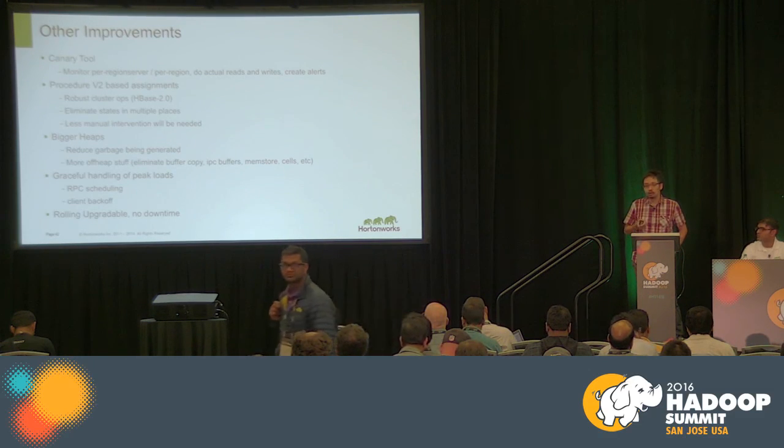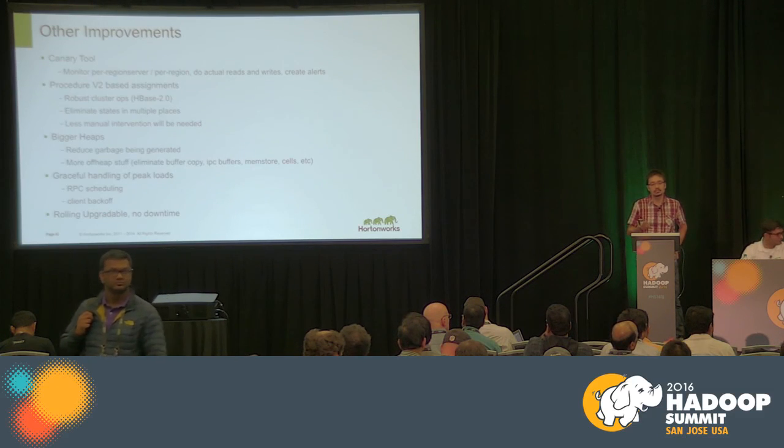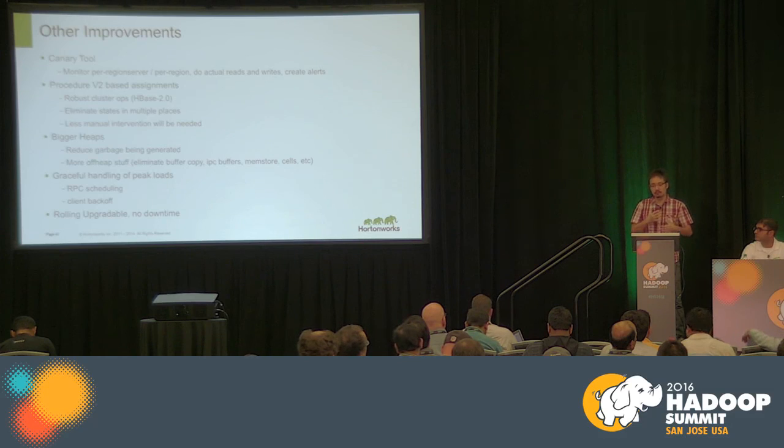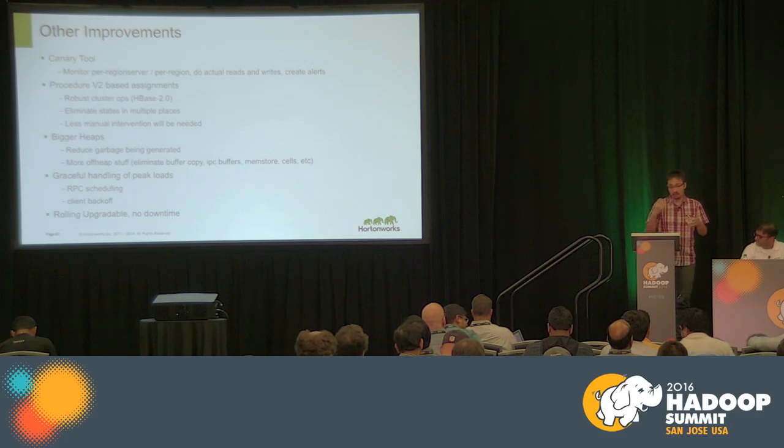There's also work going on for the cases where there is region server hotspotting or some other problem, where the clients will bombard the region server, which is already highly loaded, and then it goes into another state where it tries to keep up with the amount of requests coming in.